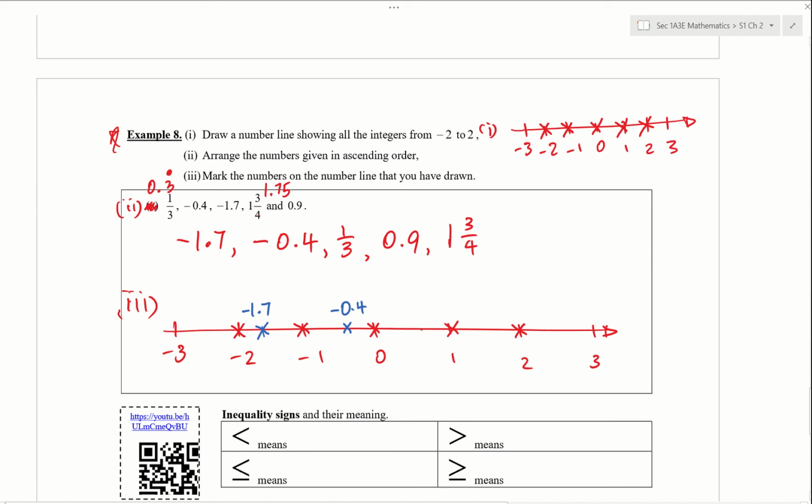Try and divide this into 3 equal parts, and you will find that it is somewhere here. 1/3. Write it in the same format. Okay? Next, 0.9 over here. And 1 3/4. Is it clear? Now you know why I don't like to use dots. Crosses are very clear, very obvious.